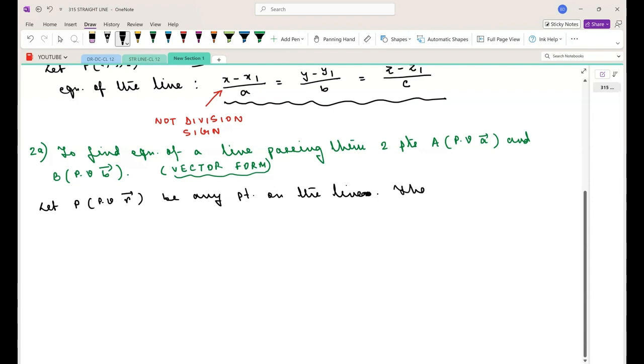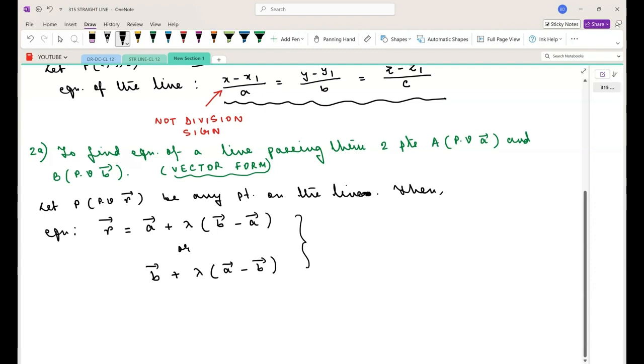Then the equation of the line is r equal to a plus lambda times (b minus a), or b plus lambda times (a minus b), where lambda belongs to the real numbers.